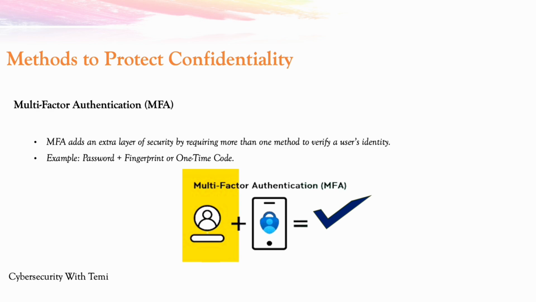These additional steps make it harder for attackers to gain access. Even if they somehow manage to steal your password, they still can't get in unless they have access to your phone for that second factor. So according to the name, multi-factor, that is multiple. It is not just one. So you have a password and you also have a one-time password.